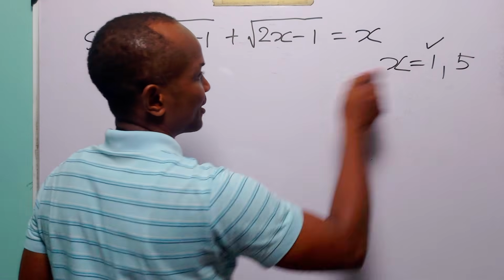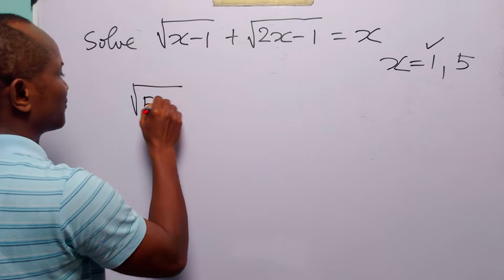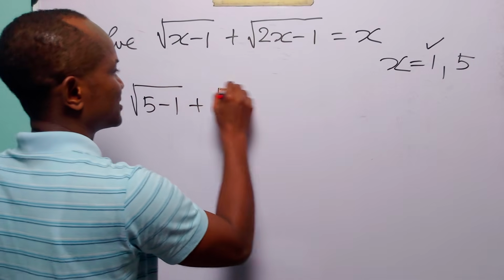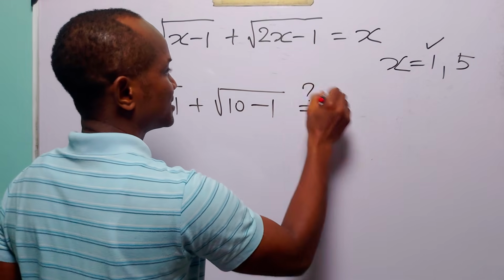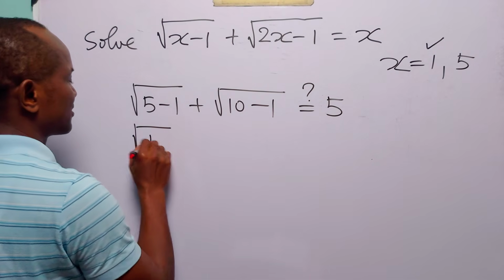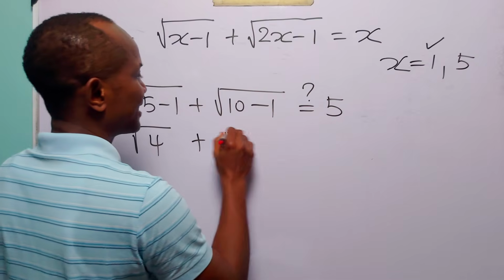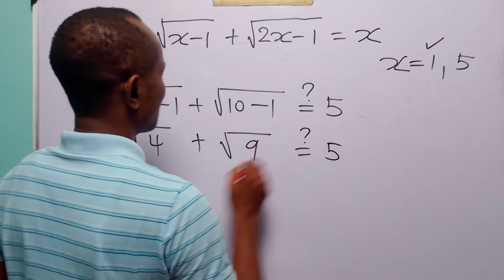And when x is equal to 5, we have the square root of 5 minus 1 plus the square root of 10 minus 1. Now, is this equal to 5? 5 minus 1 is 4, and 10 minus 1 is 9. Is this equal to 5?